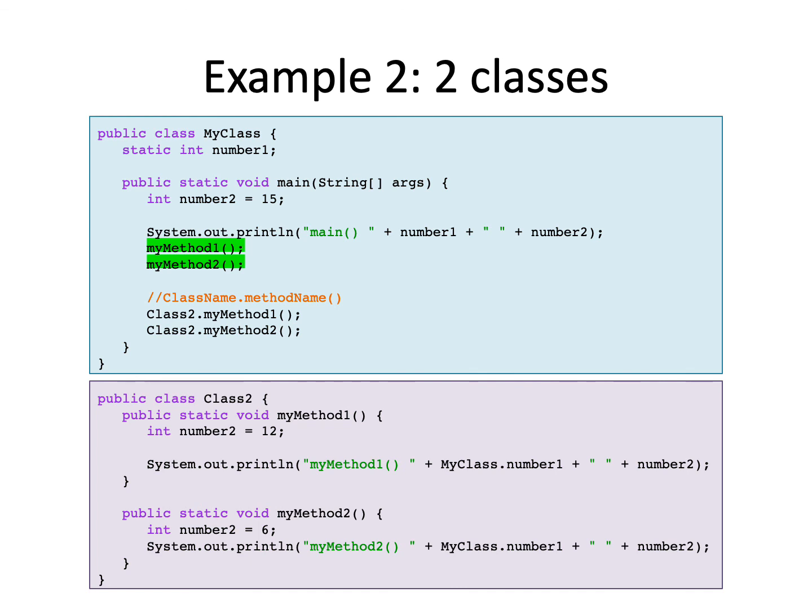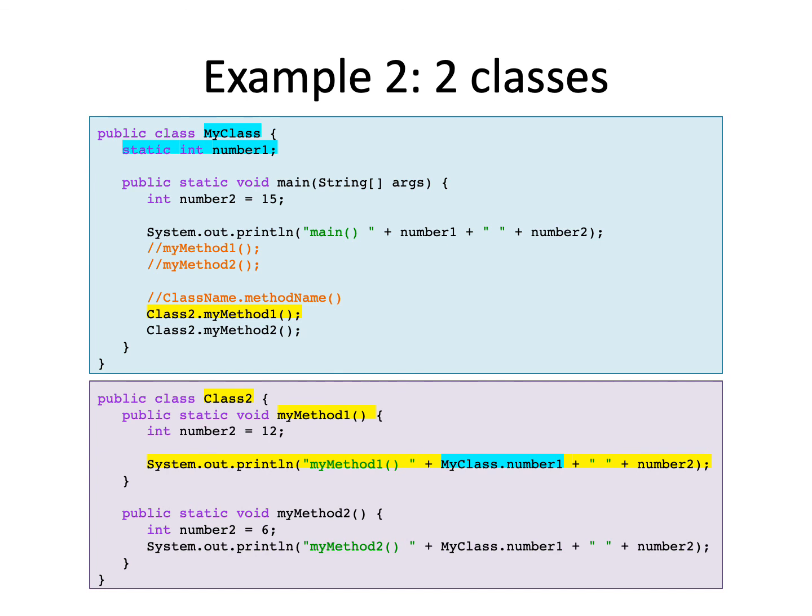Do you think that we can call those methods by writing the method name? If we write myMethod1 and then myMethod2, this will give us an error because it cannot find the methods as they are in a different class. So, in this case, we have to write the class name dot method name. For example, class2.myMethod1, where method1 is within the class2.